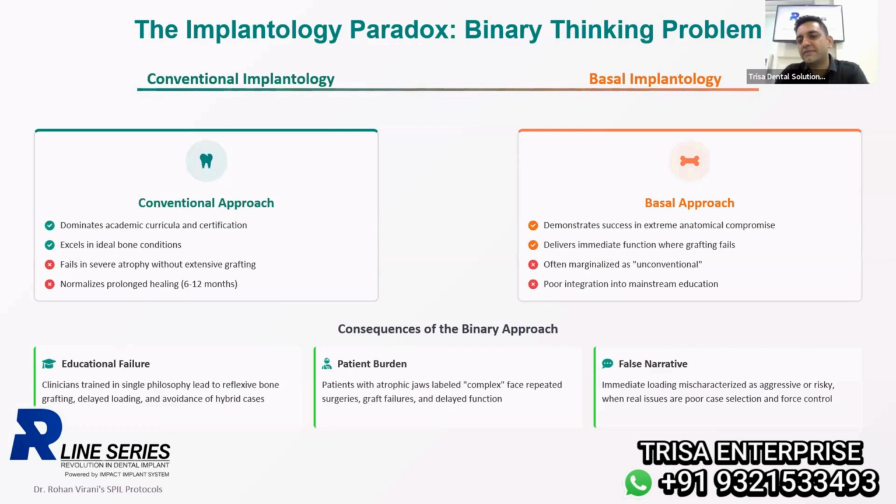Now, a lot of times some people will feel, but then why should Dr. Rohan Virani advocate this practice? Who is he? Now, what I share with you is not out of ego, but my 17 years of hard work, day and night, wherein I have placed close to 10,000 conventional implants in various situations, seen how the patients go through various procedures forcefully, and placed over 15,000 basal implants in various ways.